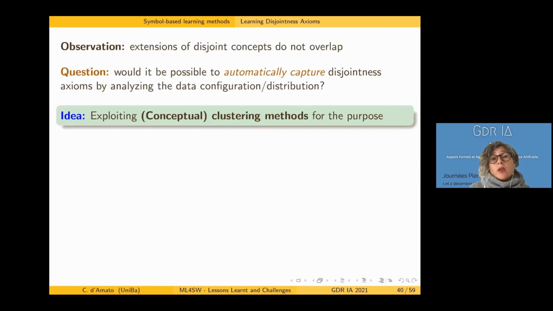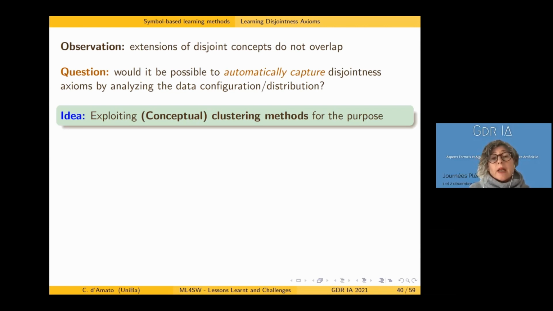So what we try to do is to automatically capture these disjointness axioms by analyzing the data configuration. And the motivation why we try to do that is that we moved from the observation that the extensions of disjoint concepts are disjoint, so they do not overlap.